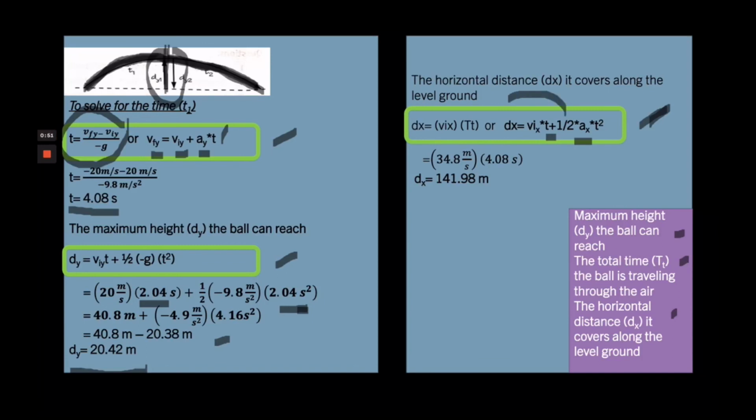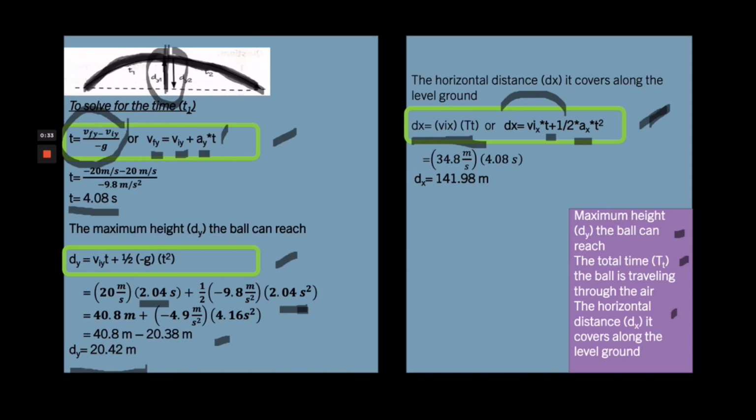Now, to simplify this formula, we can use this one as well. This is a simpler version. And again, you will come up with the same answer. That would actually depend on which formula you are comfortable with.